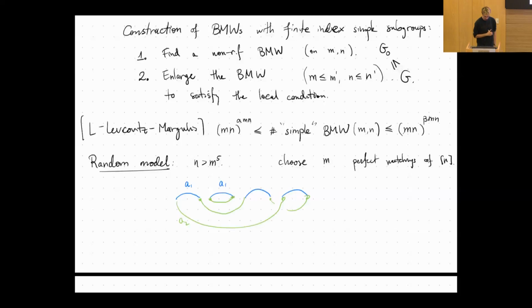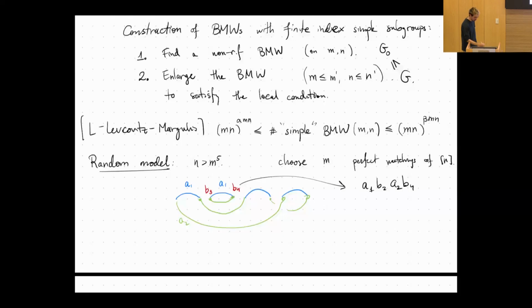Now build the partition by saying I'm connecting AI and AJ along BI and BJ if the matching match. So here, for instance, B3 and B4 match, and so I'll get A1, B3, A2, B4 as part of my partition.